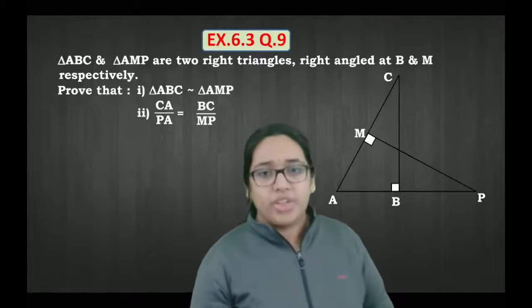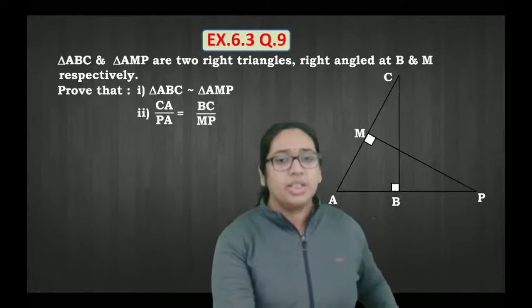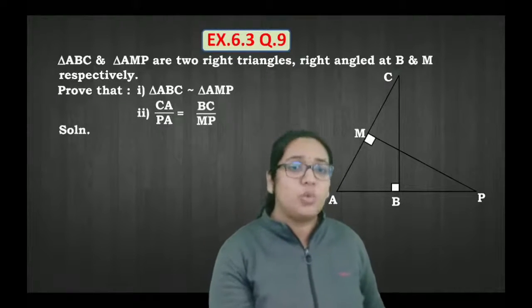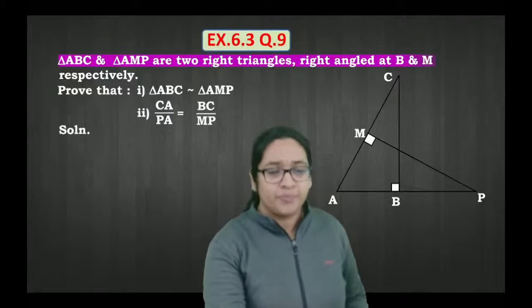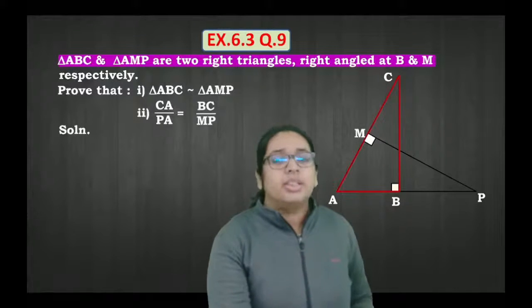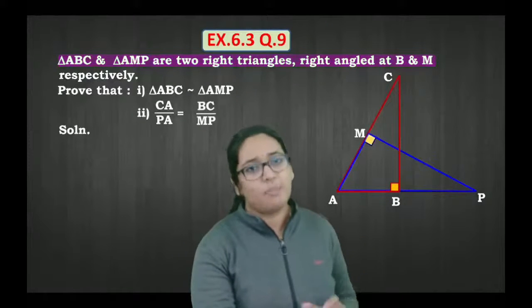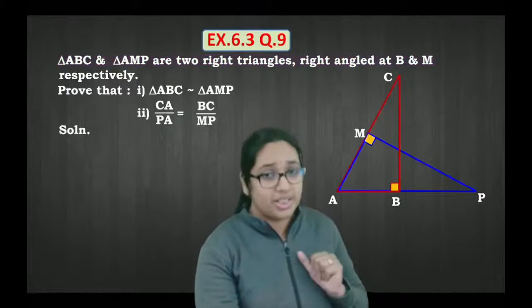Okay, so we'll try to solve this question. The first part is that we have to prove similarity between these two triangles, that is ABC and AMP. These will be right angle triangles.